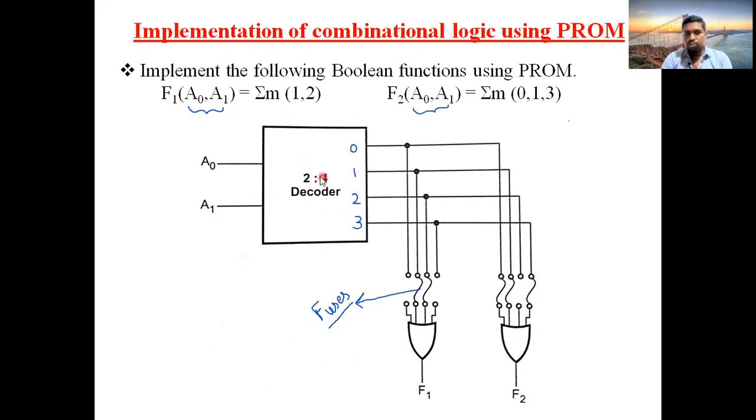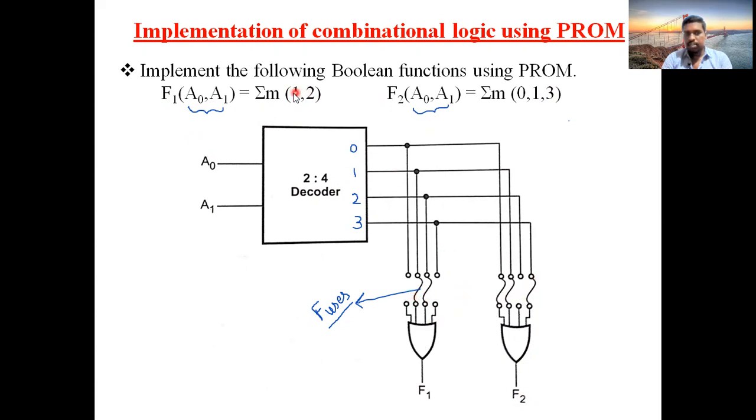Therefore take a 2:4 decoder, apply 2 inputs as in the given problem, A0 and A1, and you will have 4 output lines. And then, as we have 2 expressions, take 2 OR gates separately and connect these respective pins to the OR gate with the help of fuses.